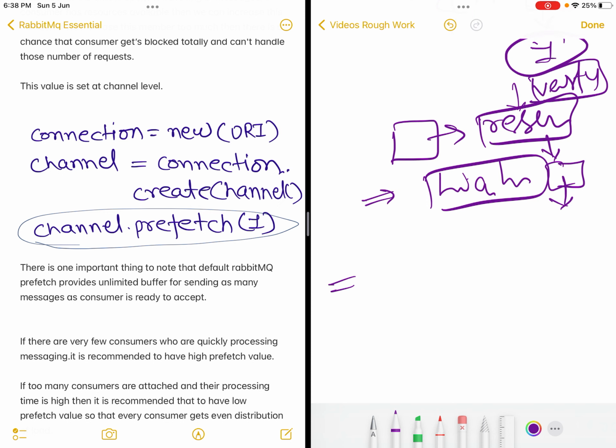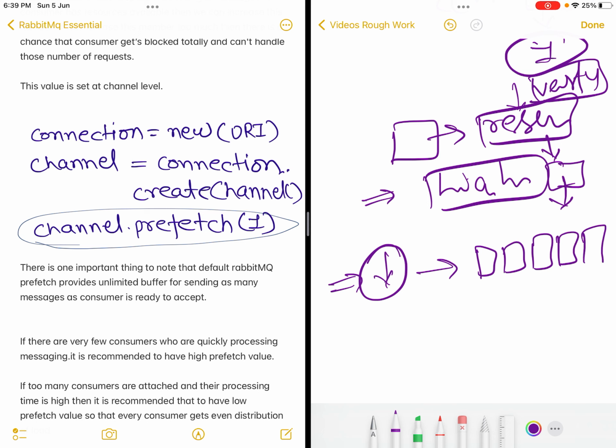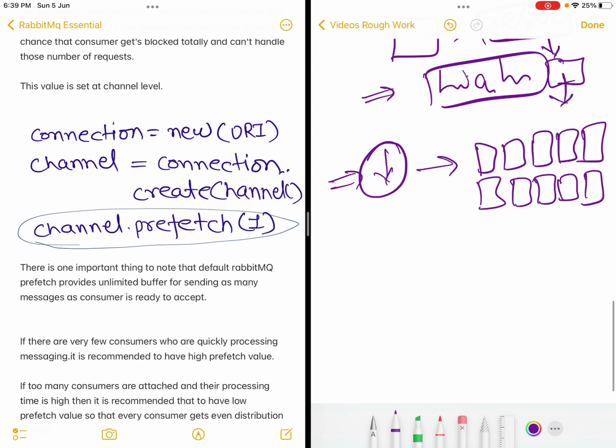When your consumer has low resources and you send a higher count, your consumer will get blocked and no further connection will get established with the queue because it's totally busy processing those. So if your consumer has fewer resources, try to keep the prefetch count low.